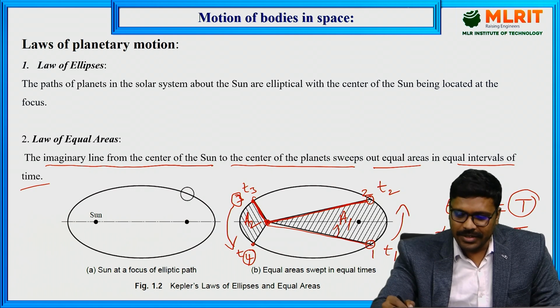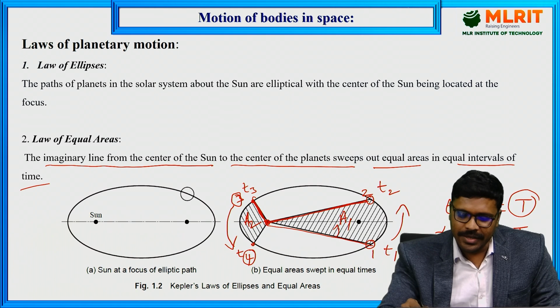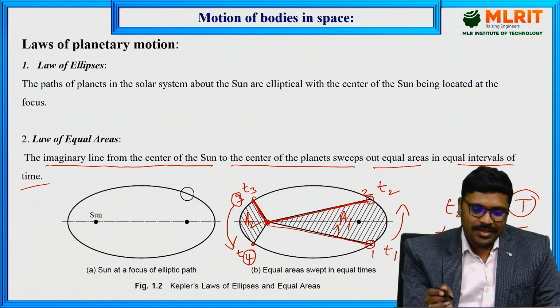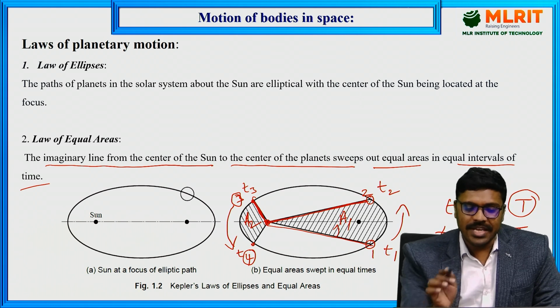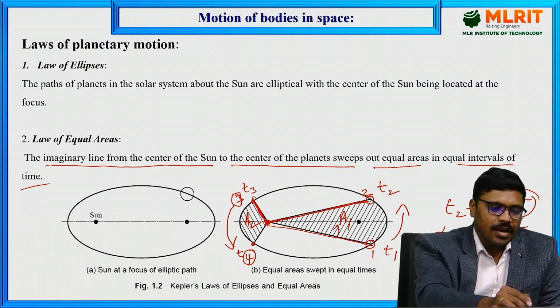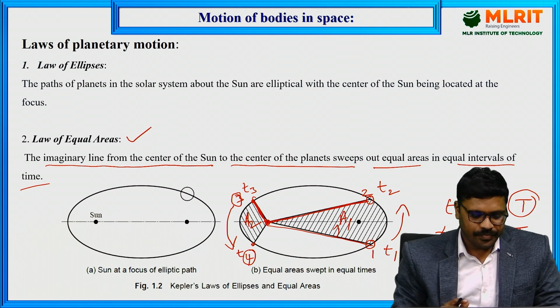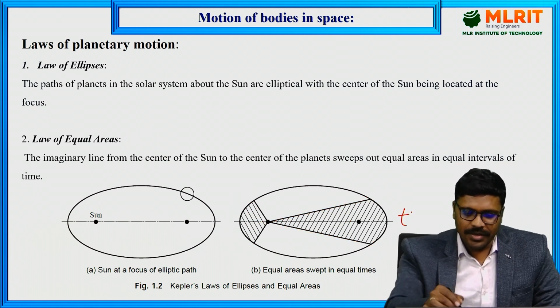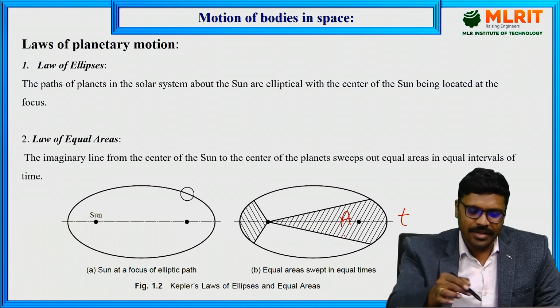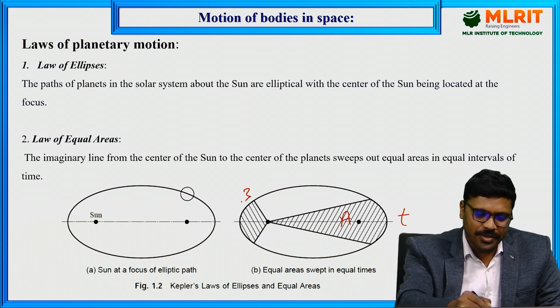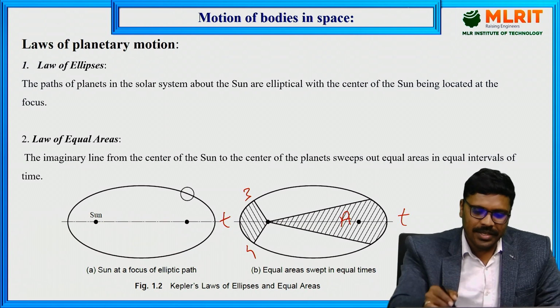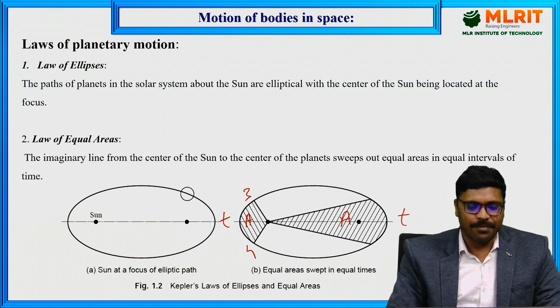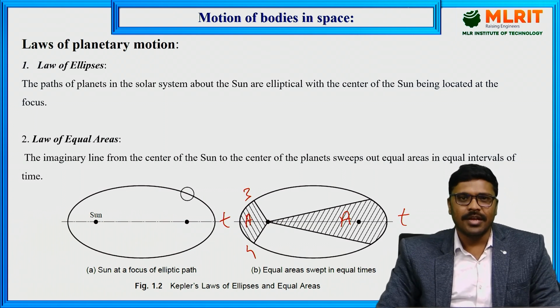Since t2 minus t1 is equal to T and t4 minus t3 is equal to T, automatically A1 is equal to A2. That means the planet is sweeping equal areas in equal intervals of time. If it takes time T, it covers area A. Then in the same time from position 3 to 4, the area will also be equal to A. So that is the law of equal areas.